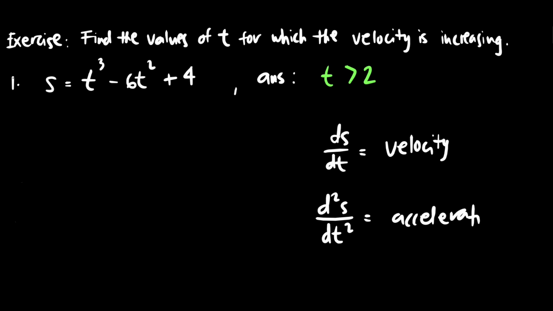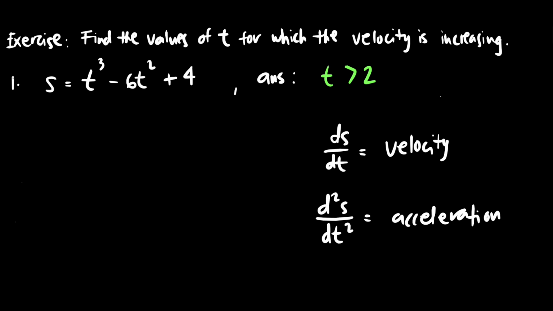Right? So again, we are tasked to find the values of t for which the velocity is increasing. If the velocity is increasing, it means that the acceleration is positive. So we will try to find the velocity and acceleration for this one.